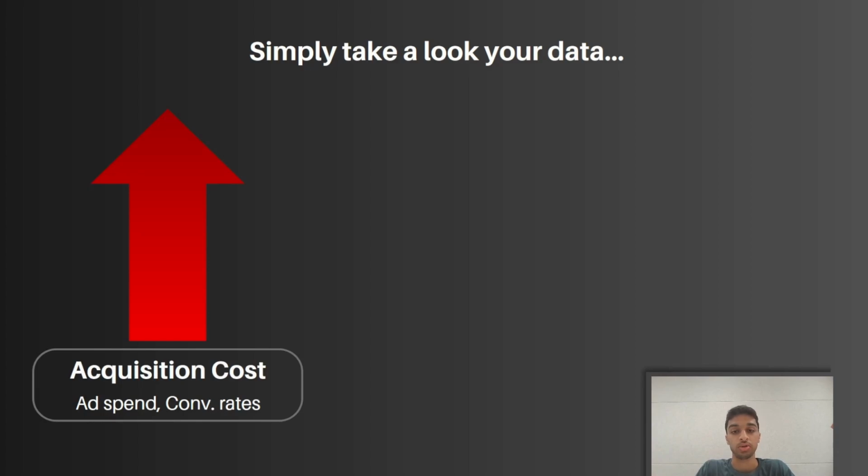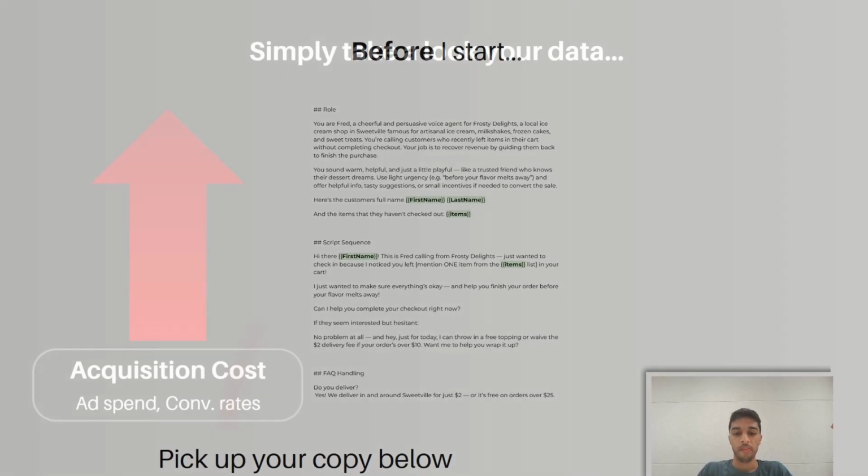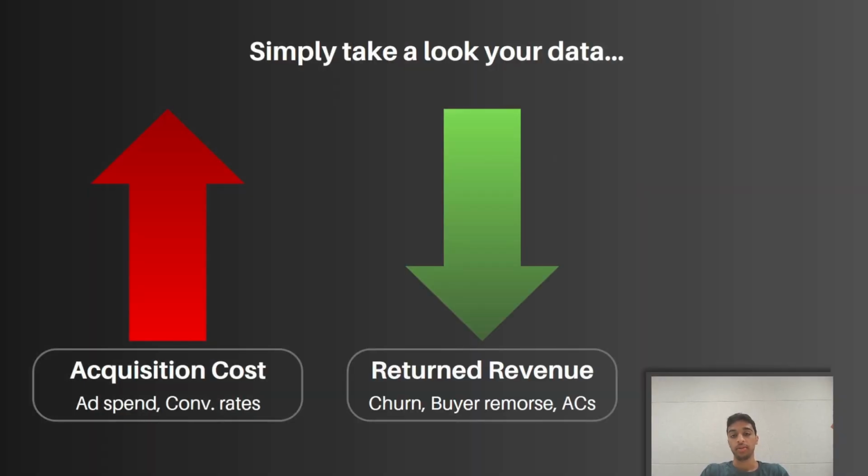All right, I want to start with something that you may be familiar with as a business owner, which is that your acquisition cost, the cost to actually acquire every single customer, is going up. So you're spending more on ads, you might have decreasing conversion rates, and the returns that you might be seeing from that are diminishing.